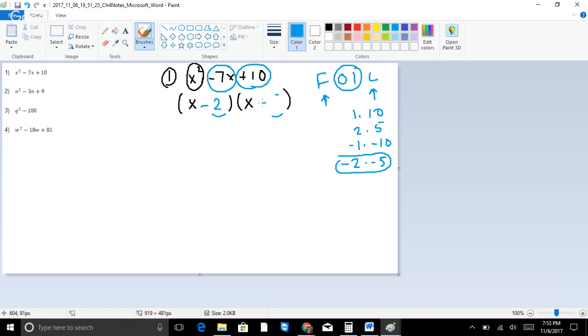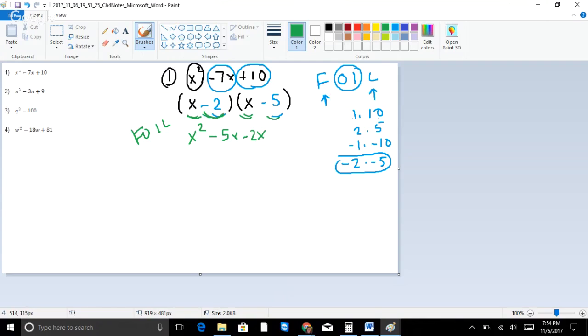Once I make a guess, I check. So I do FOIL to check. My first term is x times x, x squared. My outside is x times -5, -5x. My inside is -2 times x, so -2x.